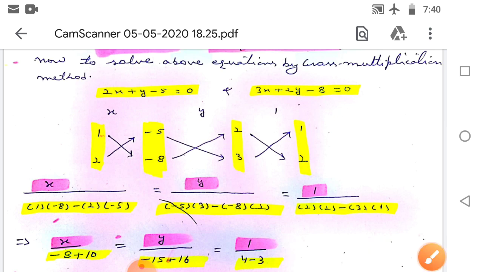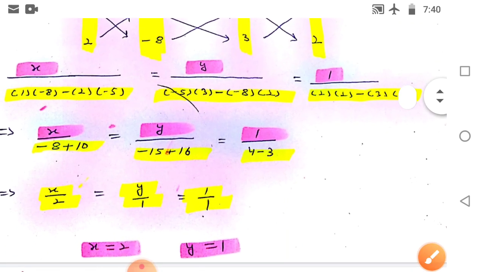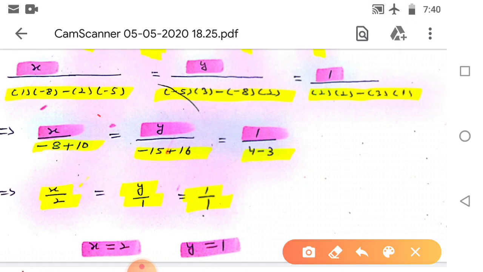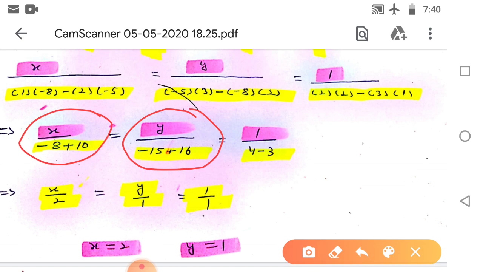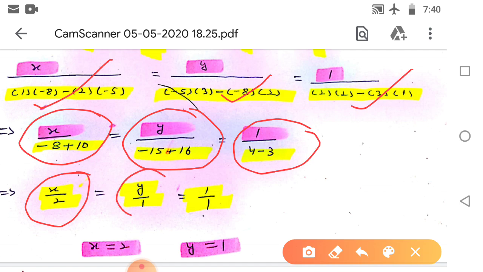So when you solve, we get x upon minus 8 plus 10, y upon minus 15 plus 16, and 1 upon 4 minus 3. When you solve this, clear? So we get x upon 2 is equal to y upon 1 is equal to 1 upon 1.